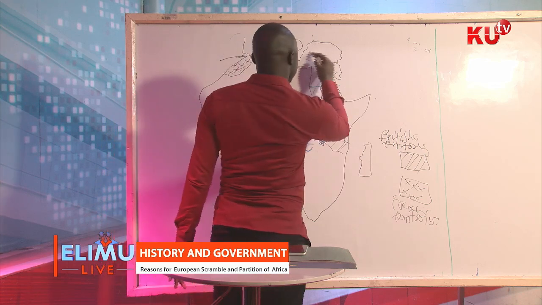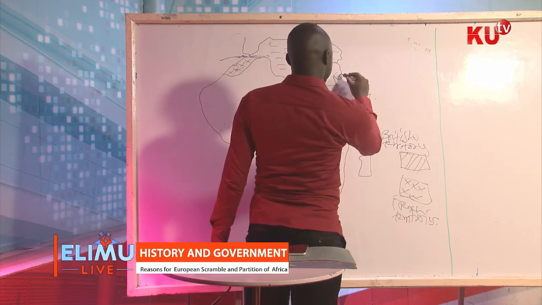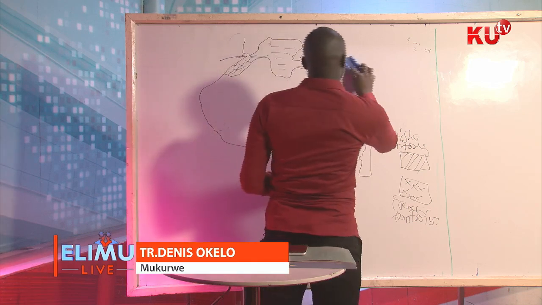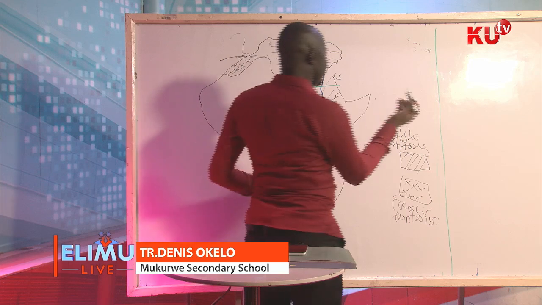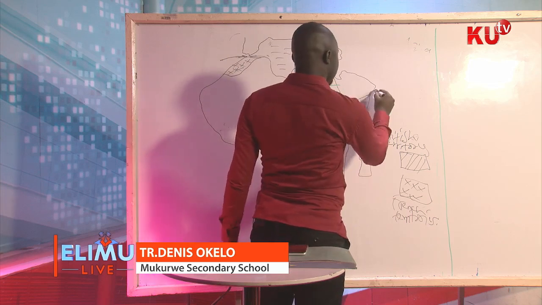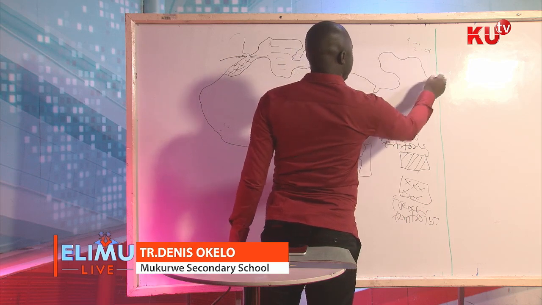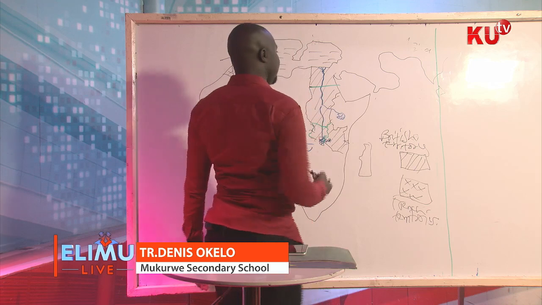Now, just as Suez Canal is important, allow me to extend my map so that you see how important the Suez Canal is. So if I were to draw the other parts of Asia, it would be something like this. Then India, all parts of, but that is not important for today.